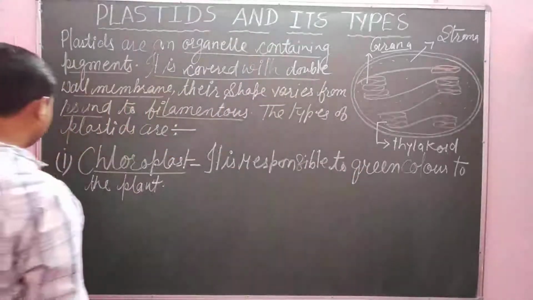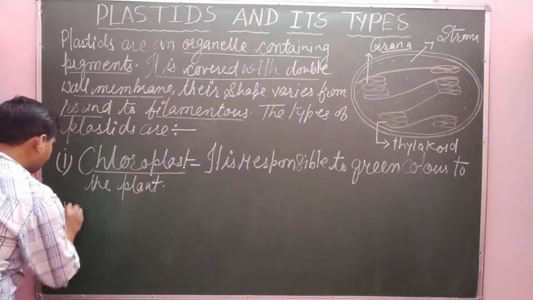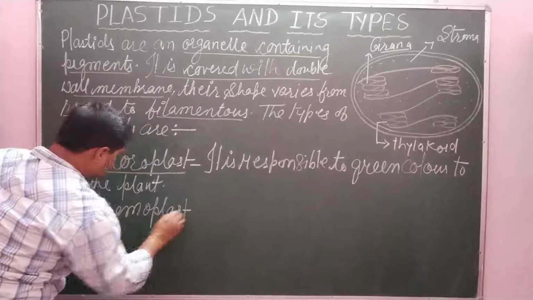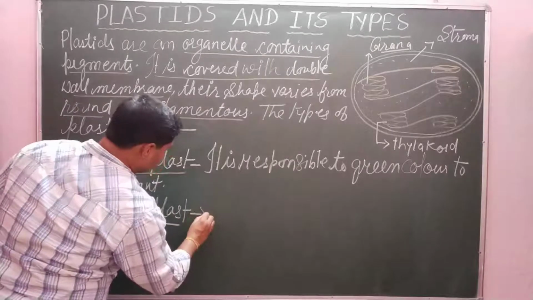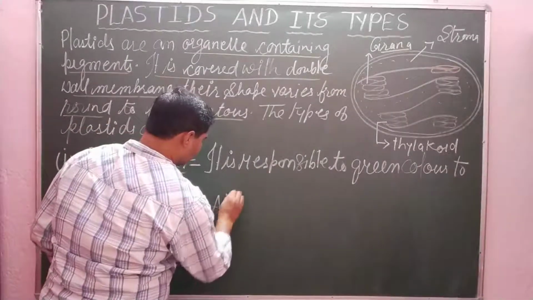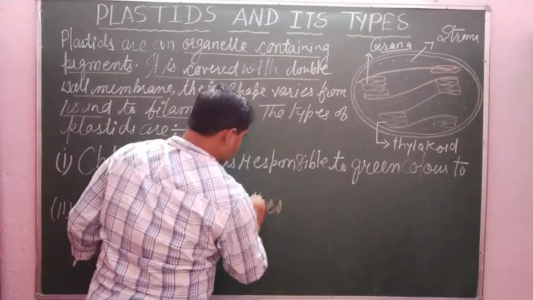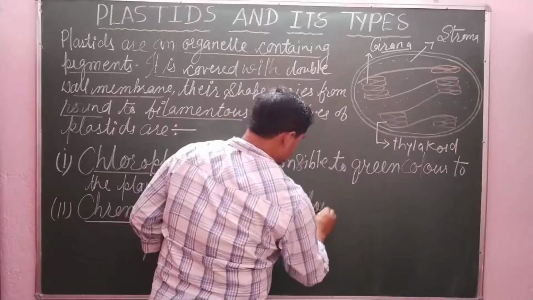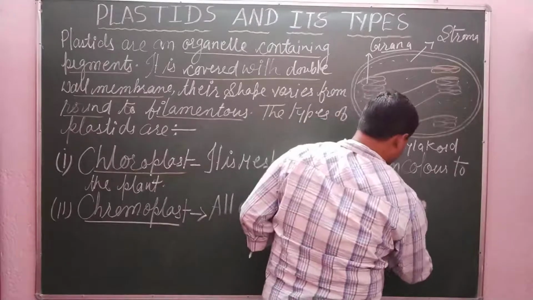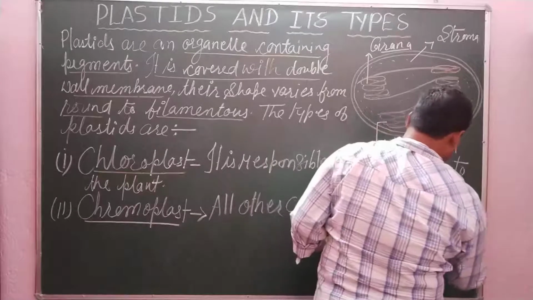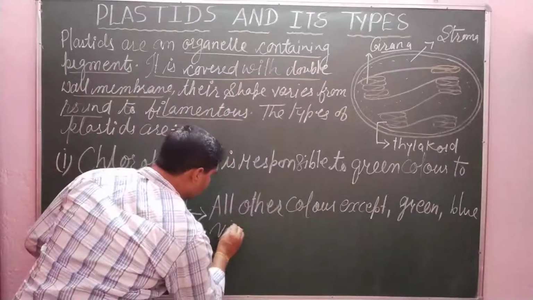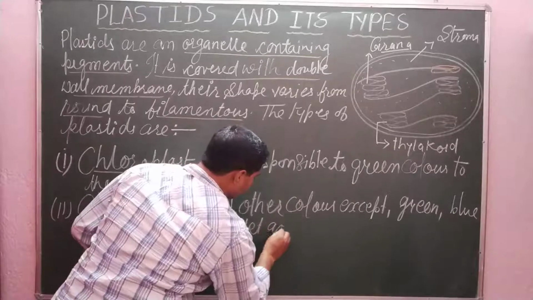Next, the next type is chromoplast. Chromoplast is responsible to give all other colors except green, blue, violet and purple.